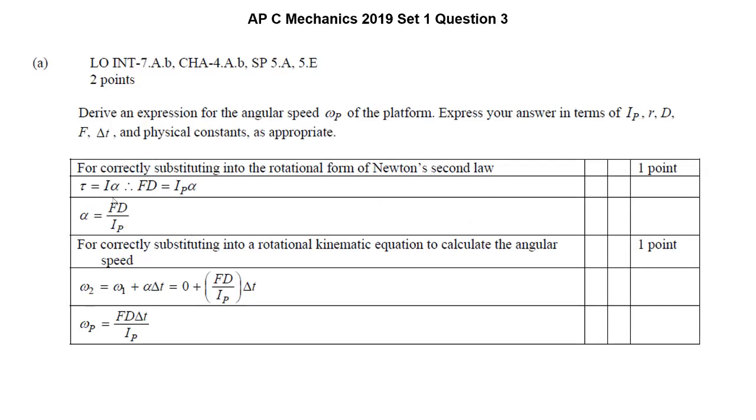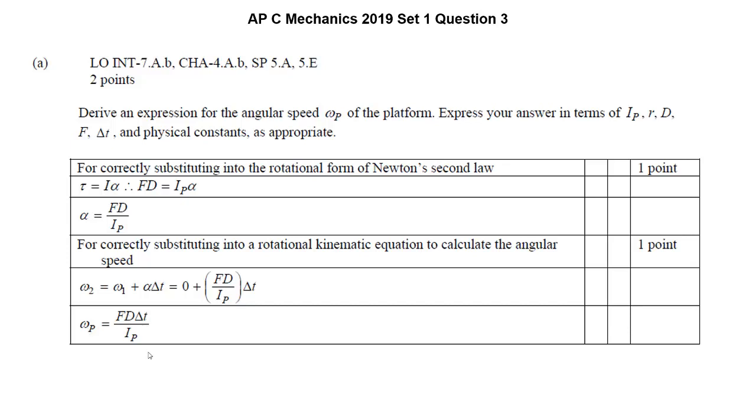And this is the rotational inertia of the platform times alpha. So we can solve for alpha. So using those three things, the initial angular velocity is 0, the time is delta t, and the angular acceleration is F d over I sub p, we can choose the first kinematic equation and solve for the final velocity, which would be the omega p.